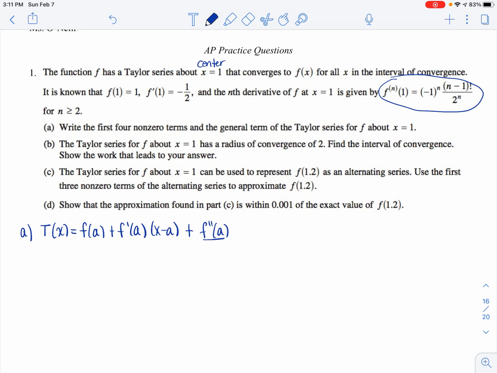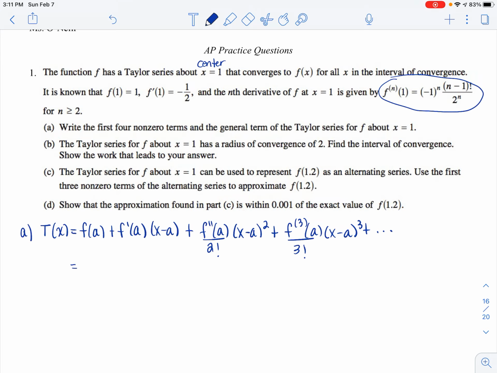And then as we go on further, it becomes the second derivative at a all over 2 factorial times x minus a squared, and then the third derivative at a all over 3 factorial times x minus a cubed, and so on and so forth. I'm going to hope that we don't have any 0 terms, but if we do, we'll have to come back. Again, we only want the first 4 terms.